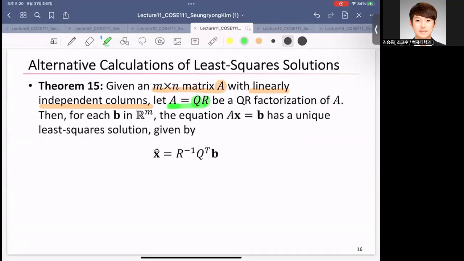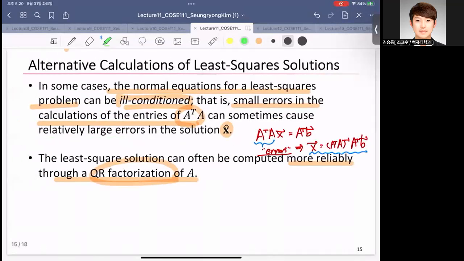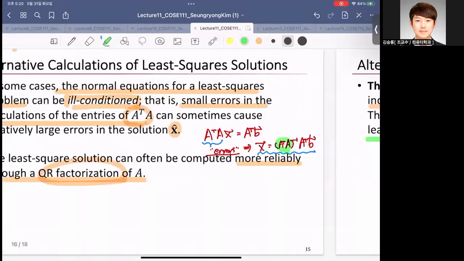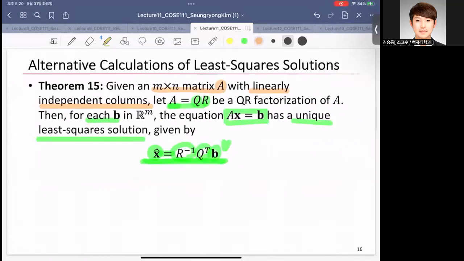Then for each b in R^m, the equation Ax = b has a unique least square solution given by x hat equals R inverse times Q transpose b. This is the alternative calculation of the least square solution. In many cases, if A^T A has some error, this one can provide a more reliable solution compared to the original normal equation based method.